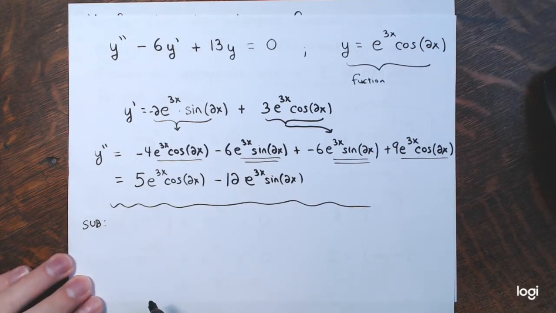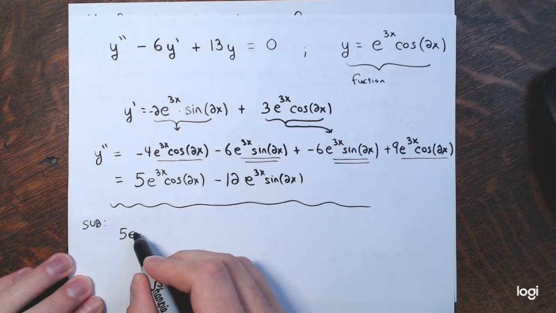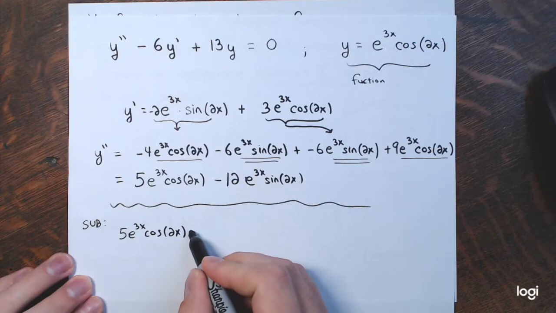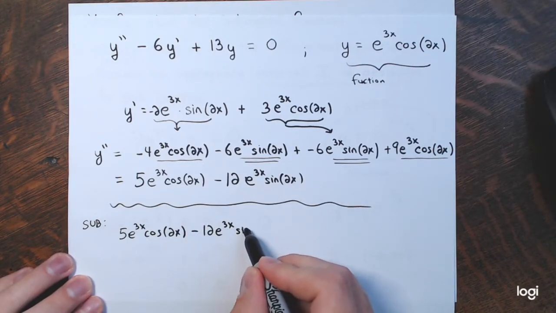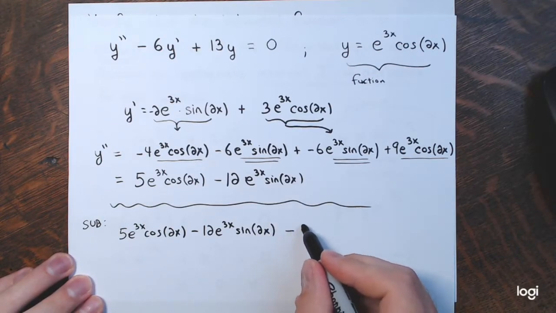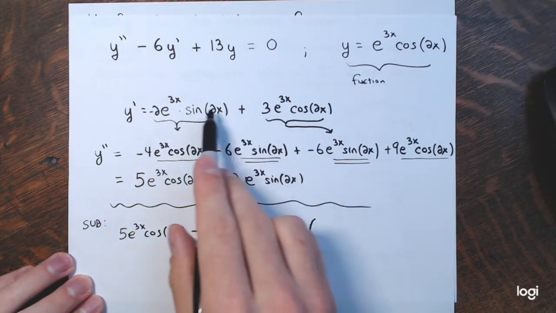So we have y double prime, which is this 5e to the 3x times the cosine of 2x, minus 12e to the 3x times the sine of 2x, and then minus 6 times y prime. Right? So I'm putting parentheses here. This is all y prime, which was this expression here.